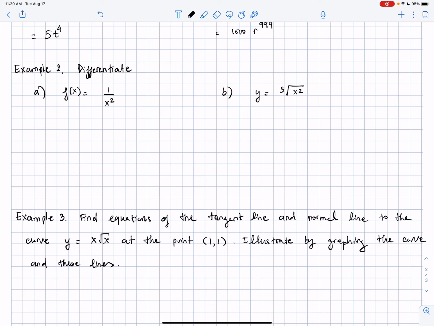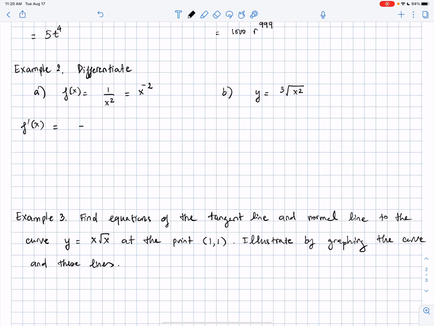Example number 2, we want to differentiate the two functions. The first one, f of x equals 1 over x squared. Using the algebra we learned before, we can write 1 over x squared as x to the negative 2. So the first derivative of f of x, we use the power rule.